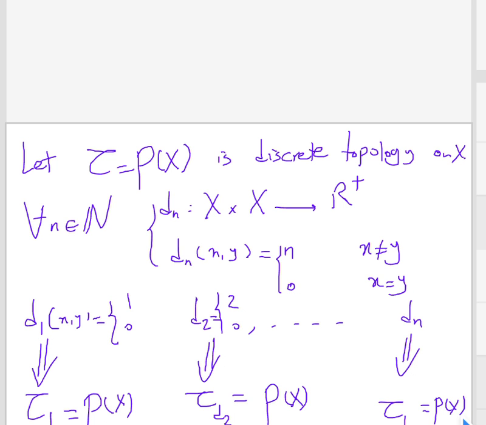But you see that d_1 is not equal to d_2, because n is not equal in them. Then the metric is not unique.